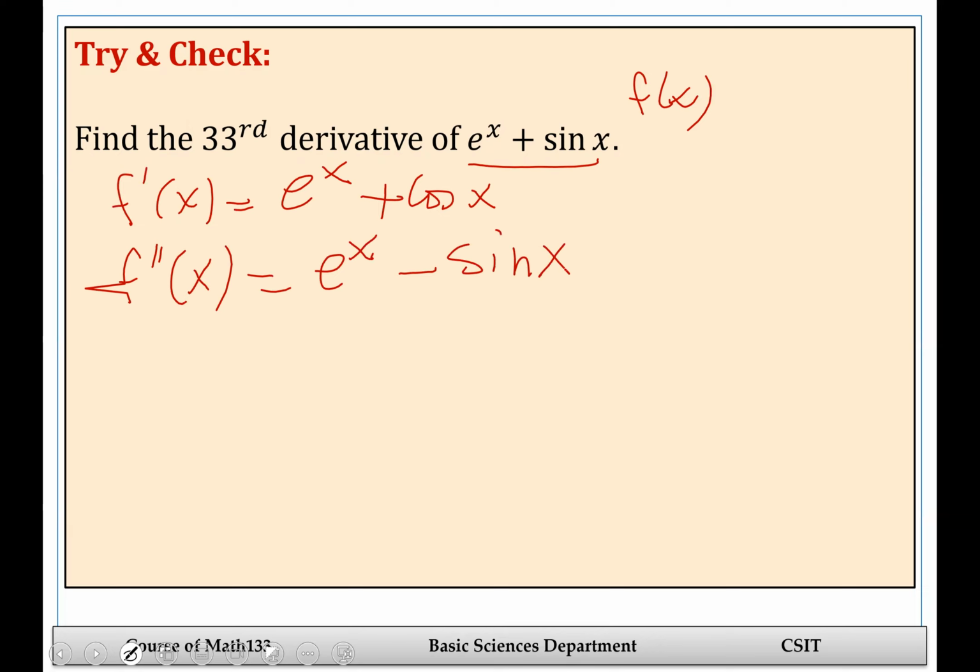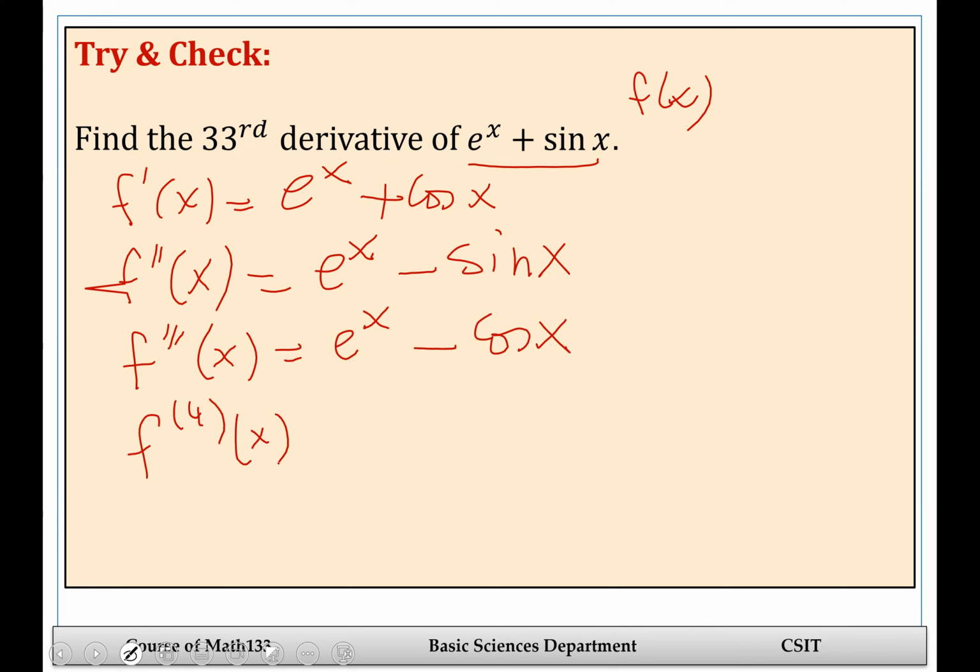So still here, we didn't return to the original function. So let's go to the third one. It's e^x minus cosine x.